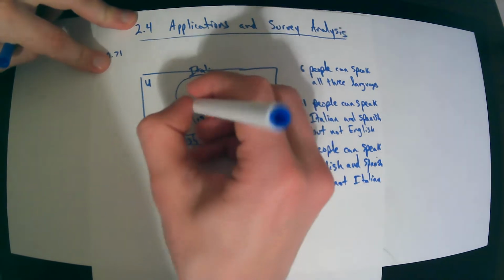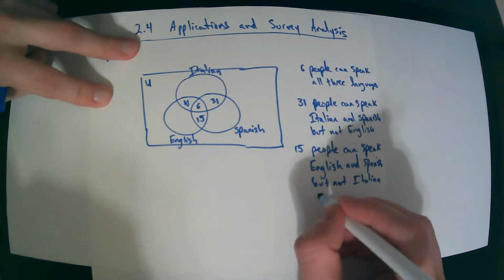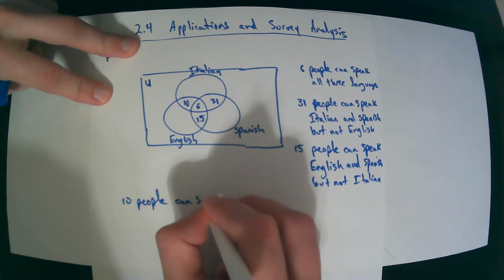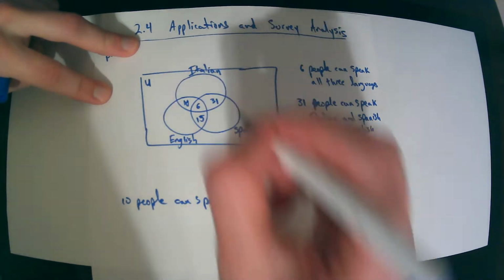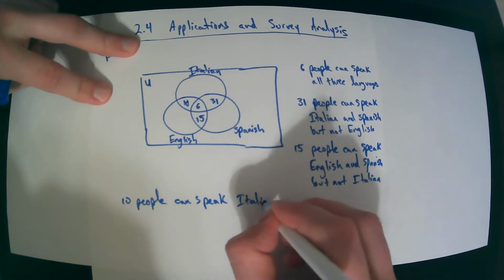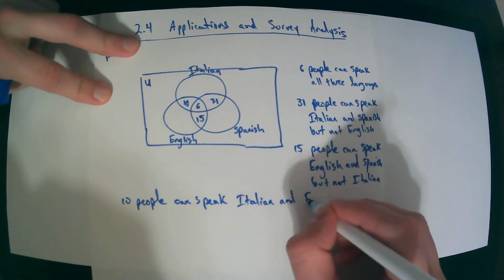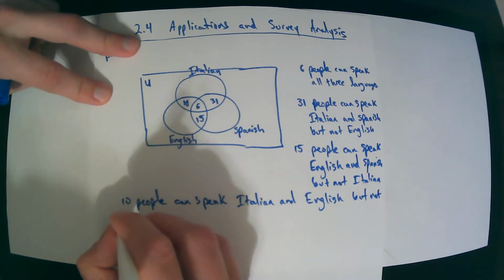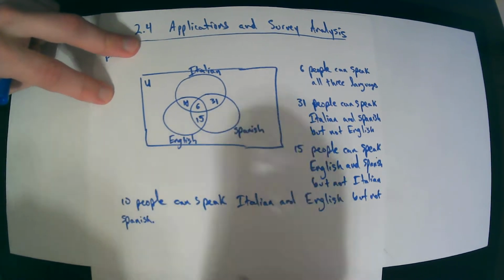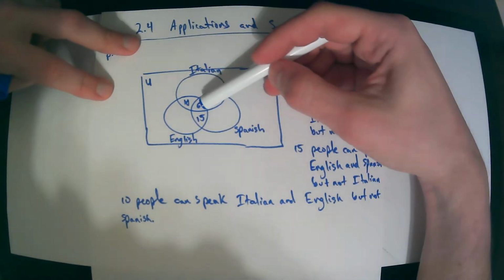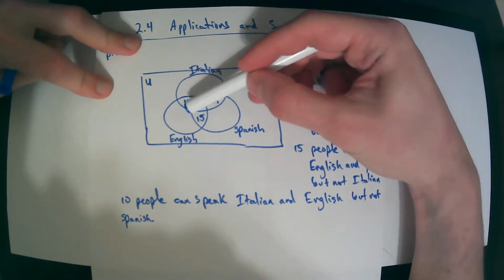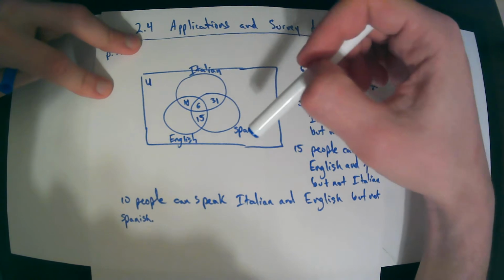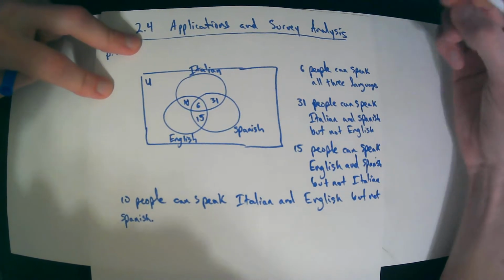And then the last one of this kind, those 10 people can speak Italian and English, but not Spanish. So we've got the innermost group, the most exclusive group, would be the people who can speak all three. Then you've got the people who can speak these two but not this one, these two but not this one, and these two but not this one. So that's what we've got so far.